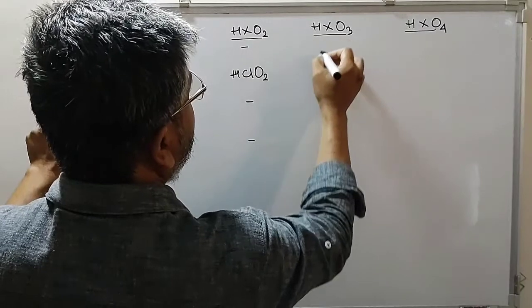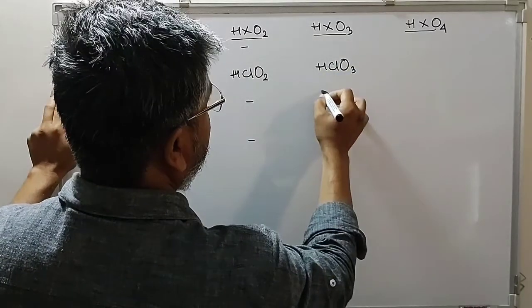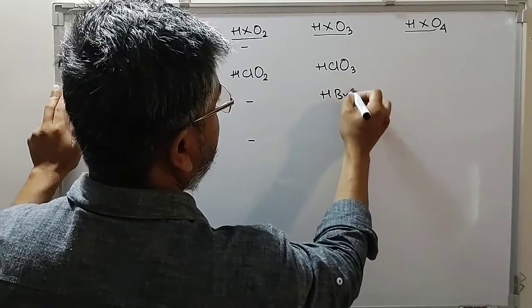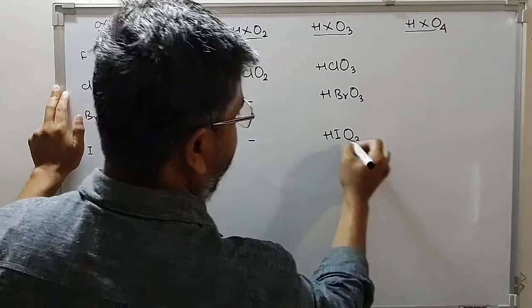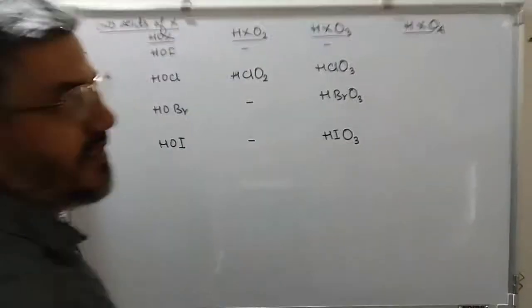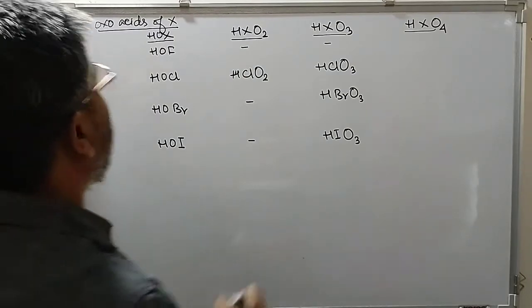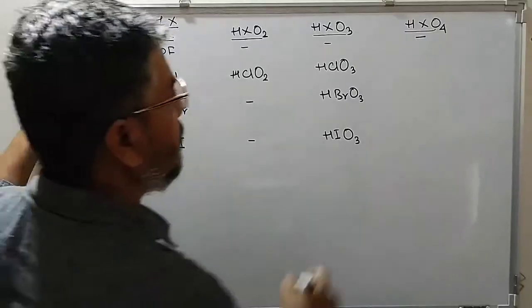HXO3 is given by chlorine, given by bromine, given by iodine. Fluorine does not form HXO3. HXO4, fluorine does not form HXO4.